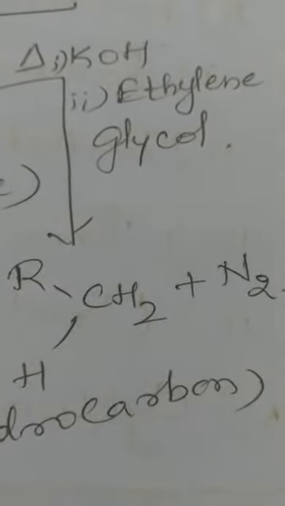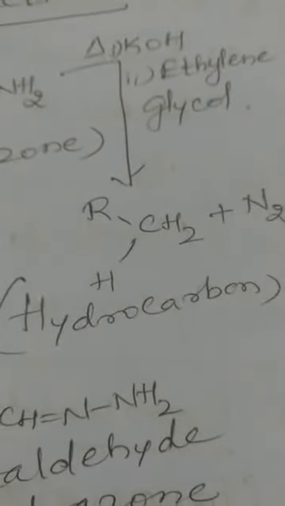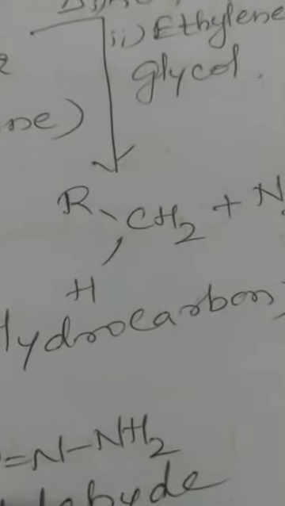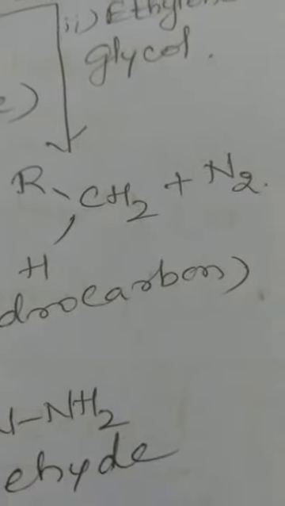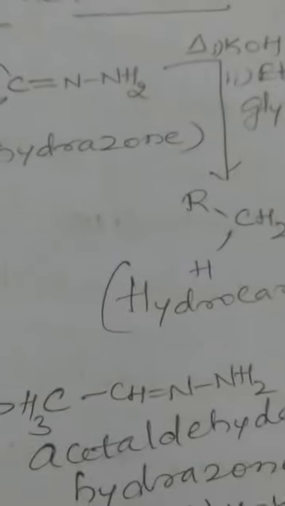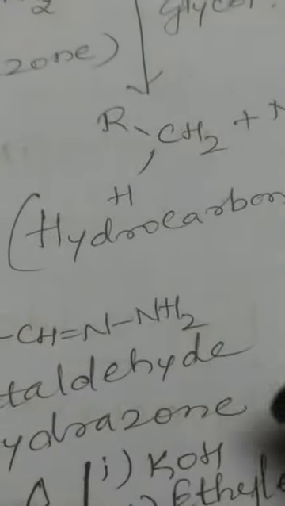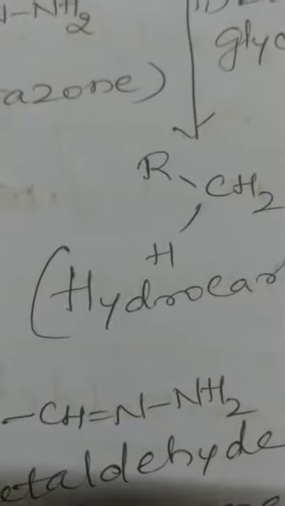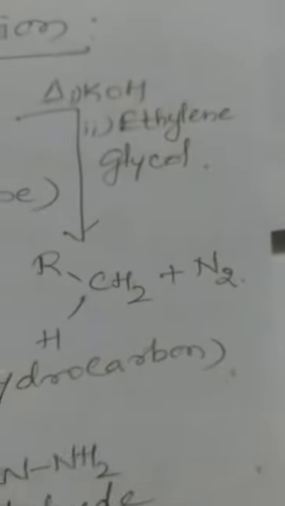The product obtained will be a hydrocarbon. CO is converted to CH2. In the product you can see RCH2H, which is nothing but RCH3, with the elimination of N2. That is the hydrocarbon formed here.